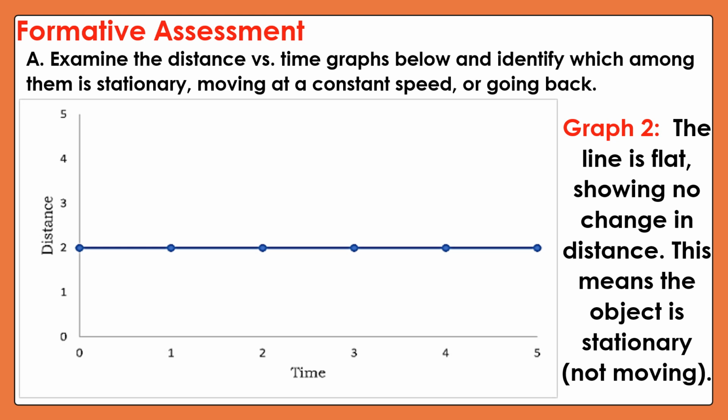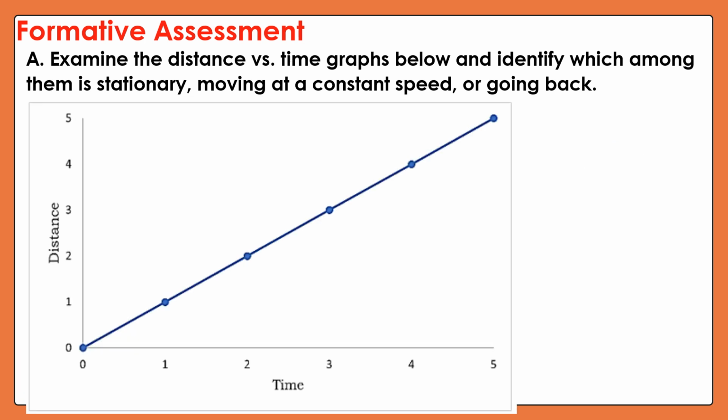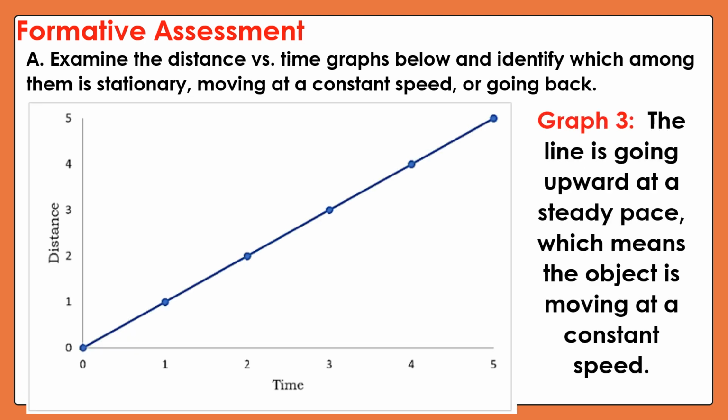The line is flat, showing no change in distance. This means that the object is stationary or not moving. Graph 3. The line is going upward at a steady pace, which means the object is moving at a constant speed.